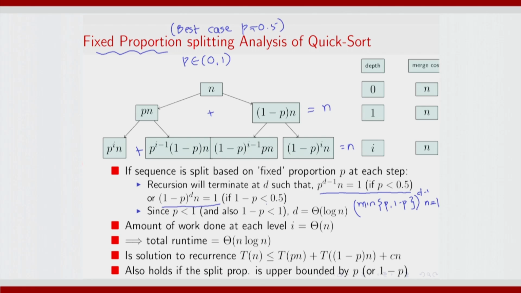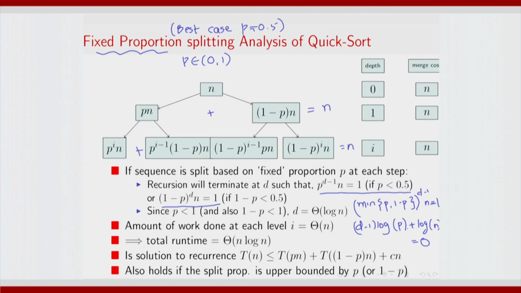What does this mean? Well, if you take logs, you will find that d minus 1 times log of either p or 1 minus p, let us take the p case, plus log of n equals 0.